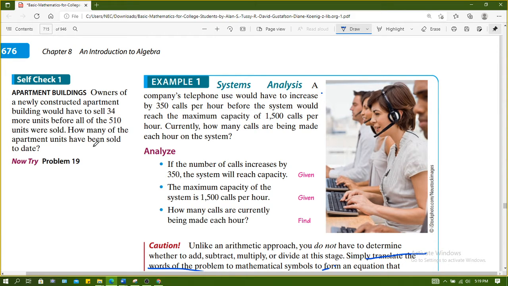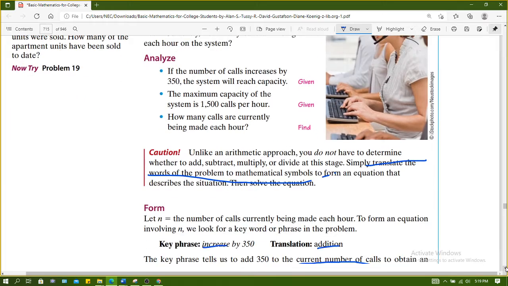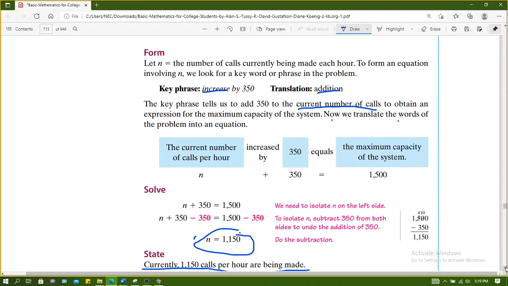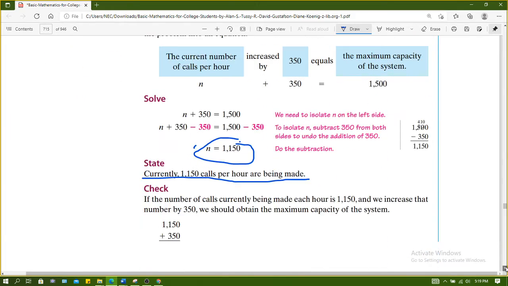So these are simple problems where we can use algebraic equations. Okay? So I will leave you to solve self-check number one. Anyway, I will not grade that. Just check if you have done it correctly at the bottom of the discussion.